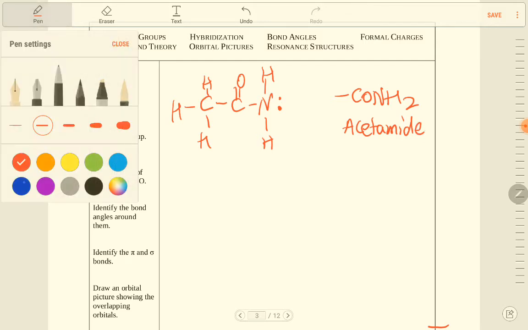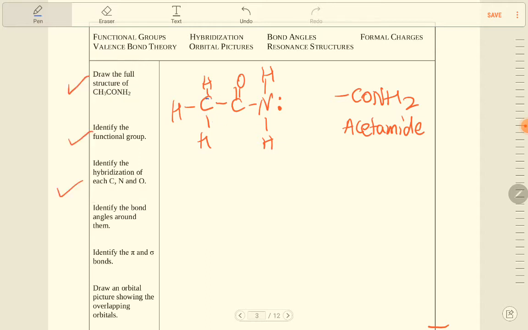So this C is connected with four legged carbon, so that is sp3 hybridization. And when we talk about bond angle, it is 109.5 degrees. And this C is connected with 1, 2 and 3 entities, which is sp2 hybridization.